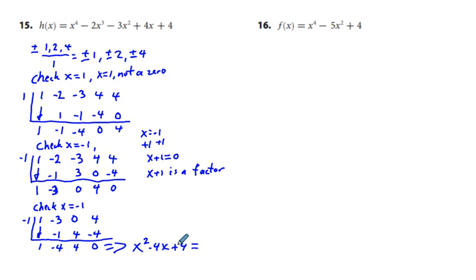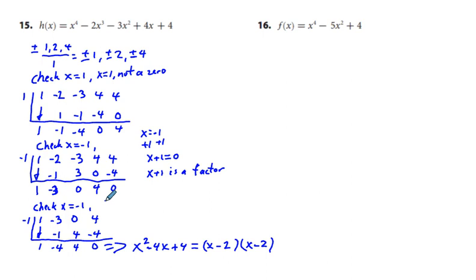And factoring this quadratic trinomial, we have x and x. And we have minus 4x and plus 4. So we're going to have minus 2, minus 2. So these are the factors that we have found.